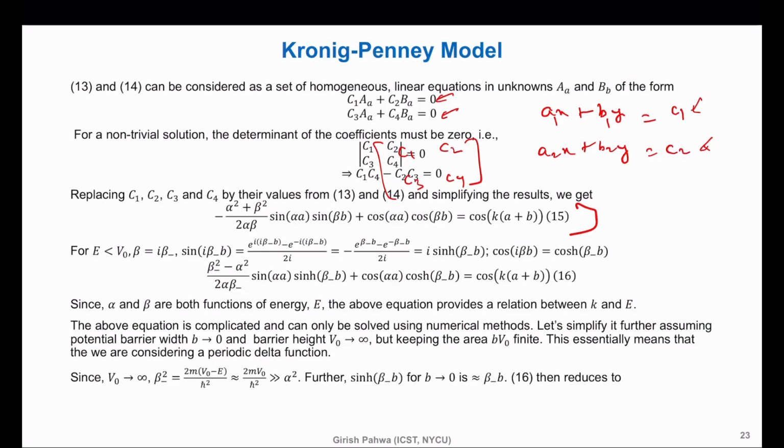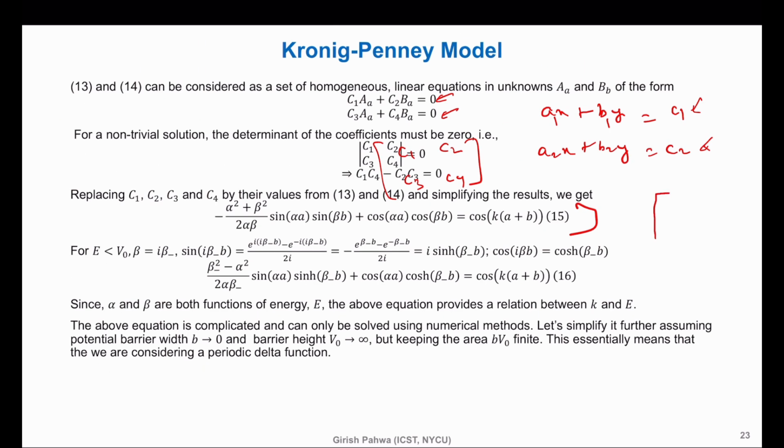Okay, b is the barrier, right? So it's like this. This is a and this is b. So b is kind of a barrier between this and this. If the electron has to go from here to here, it has to cross this b. So this barrier width, I am assuming that it is very small and the barrier height is very large.